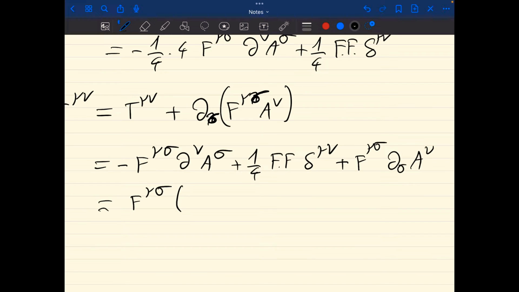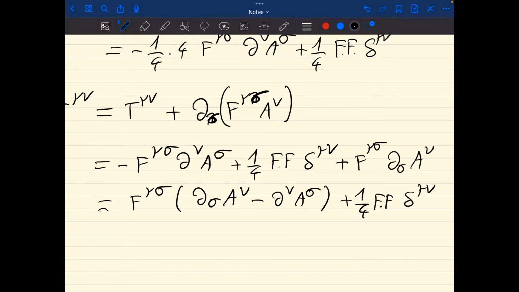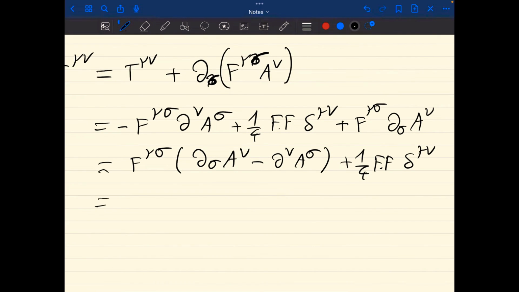And then we have here, so let's write it explicitly, minus nu A sigma. That's 1/4 F mu nu. And that's actually the definition of F sigma nu.